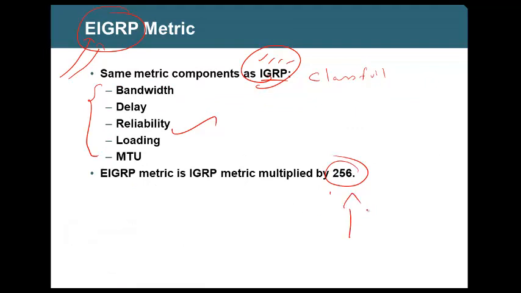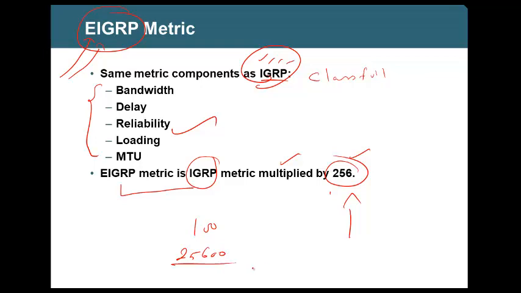That's why, if you have an IGRP metric, how do you convert it to EIGRP? Just multiply by 256 because you got 8 bits more. If the IGRP metric is 100, the EIGRP metric will be 25600.